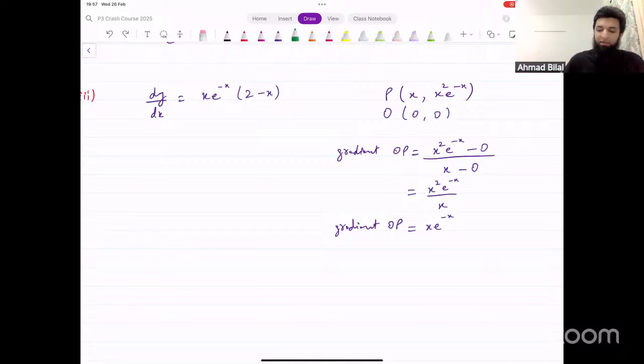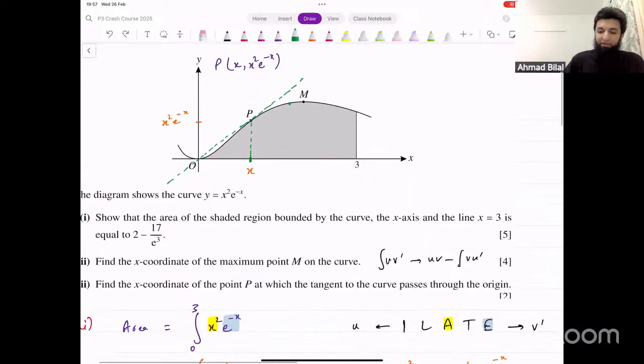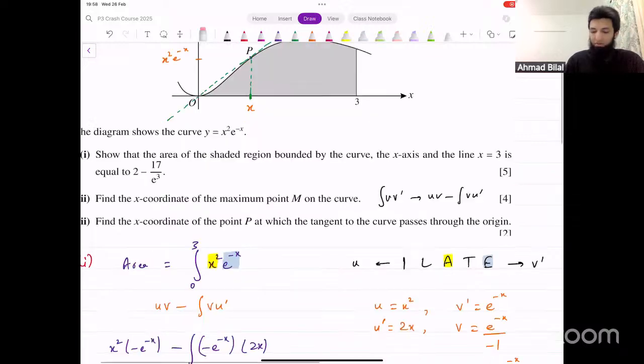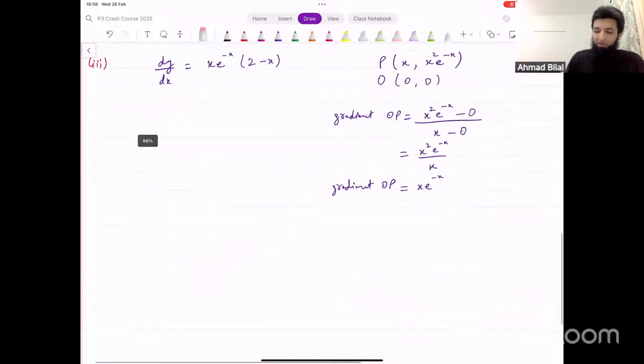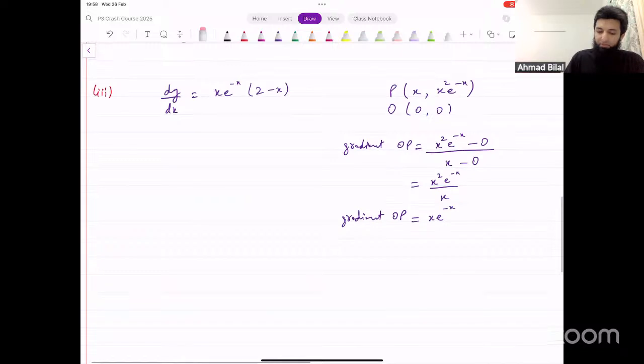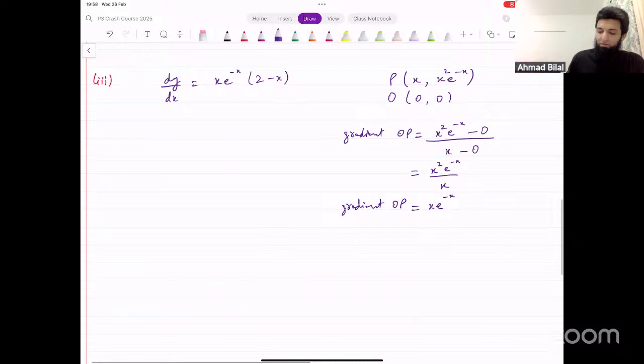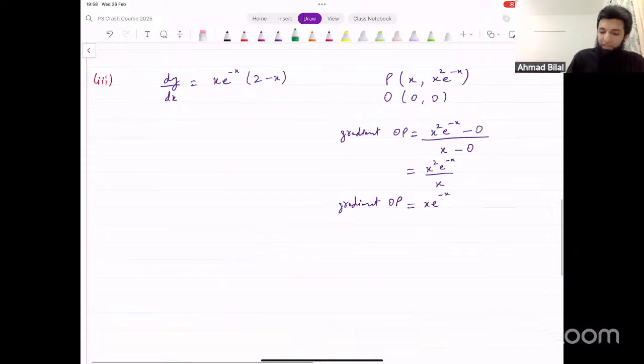We are saying that the gradient of the curve at this point should be the same as the gradient of the line OP. Only then would the tangent pass through the origin. So what we can do now is say the derivative that we got earlier should be equal to this gradient OP.